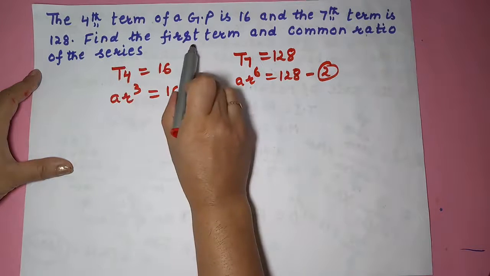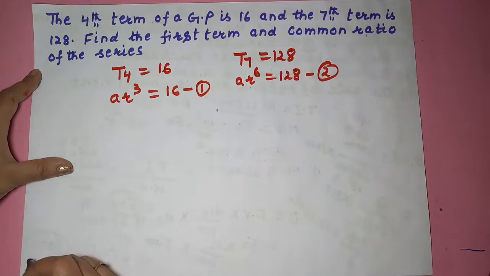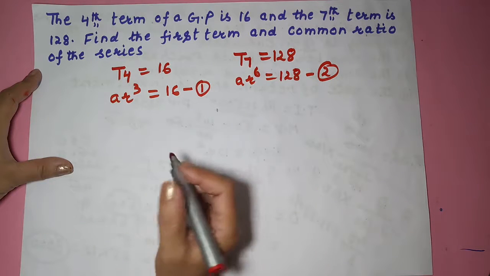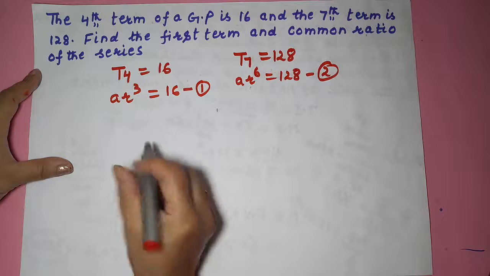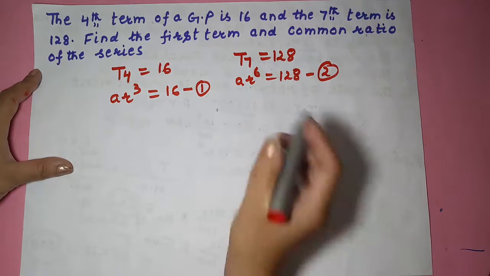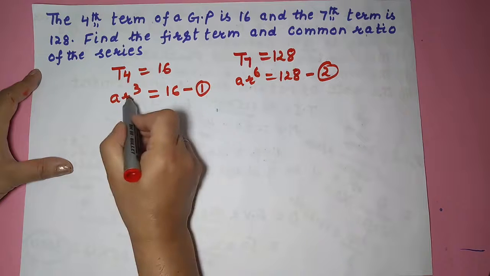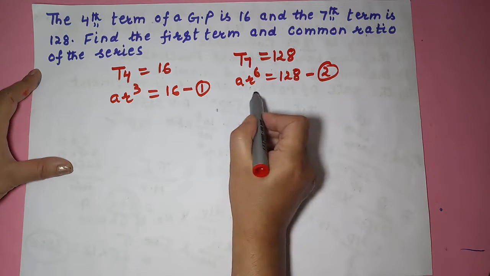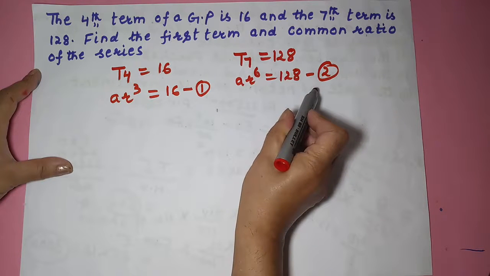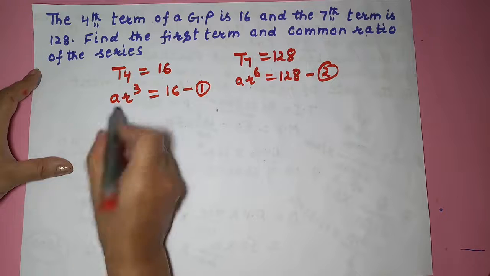Now he wants me to find the first term, that is A, and the common ratio of the series. It's like the previous question. We found A and R first. How? We divide the equation where R has the higher value by the other, so we divide the second equation by the first equation.